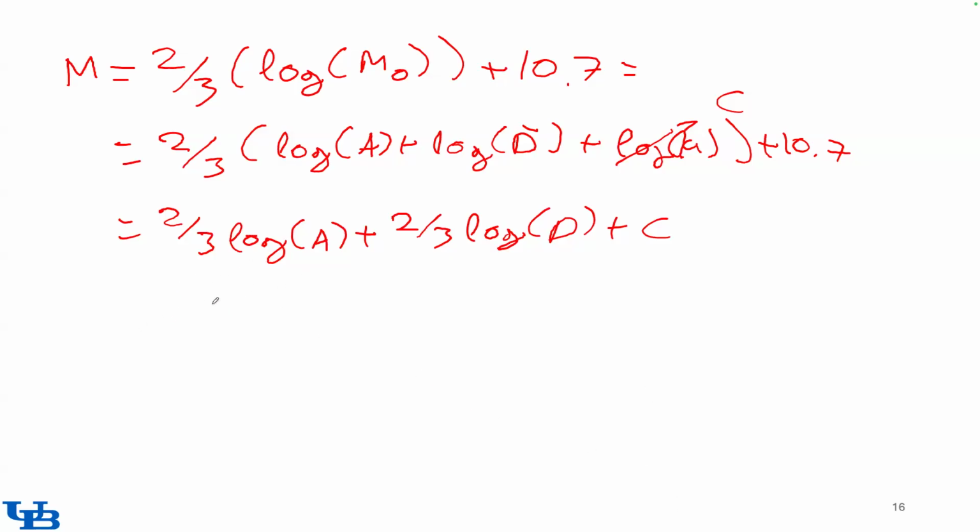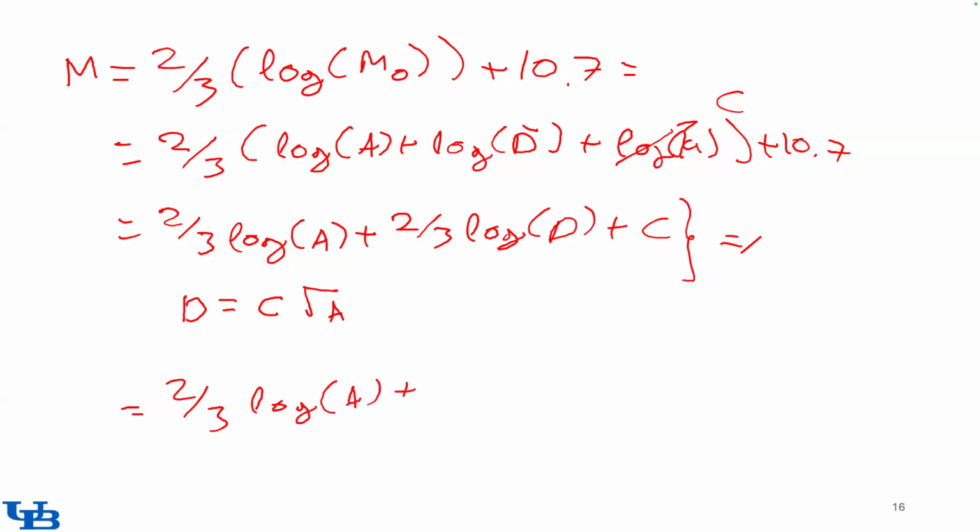And from the assumption of constant stress drop, D is proportional to some constant times the square root of the area. Combining these two relationships, we have 2/3 of log of area plus 1/3 of log of area plus C. And so the moment magnitude is proportional to log of the rupture area plus a constant.